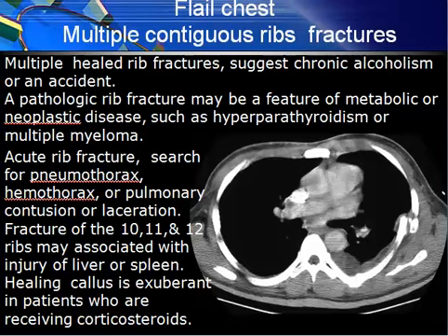So if you have something traumatic, you should exclude involved lung as contusion or laceration, involved pleura as hemothorax or pneumothorax. Fracture of the 10th, 11th, and 12th ribs may be associated with injury of liver or spleen accordingly. Healing callus will be exuberant in patients who are receiving corticosteroids.